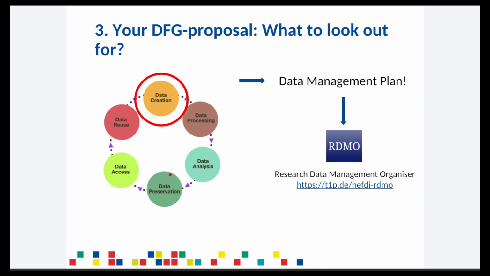A data management plan helps a lot to clarify basically everything around processing your data. And the DFG and other funders are very happy to see that you have data management plans.